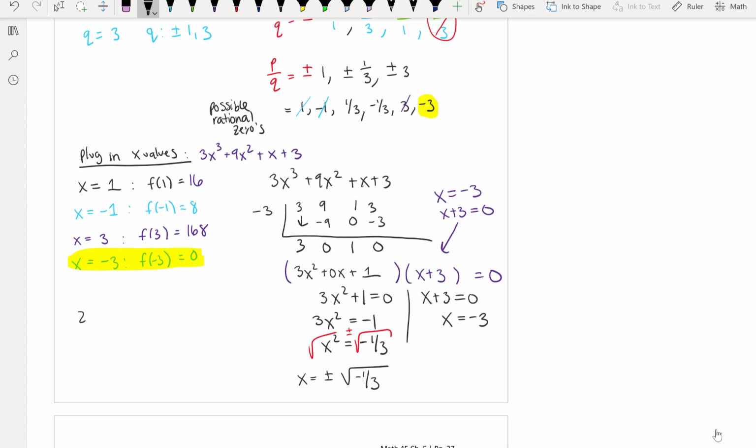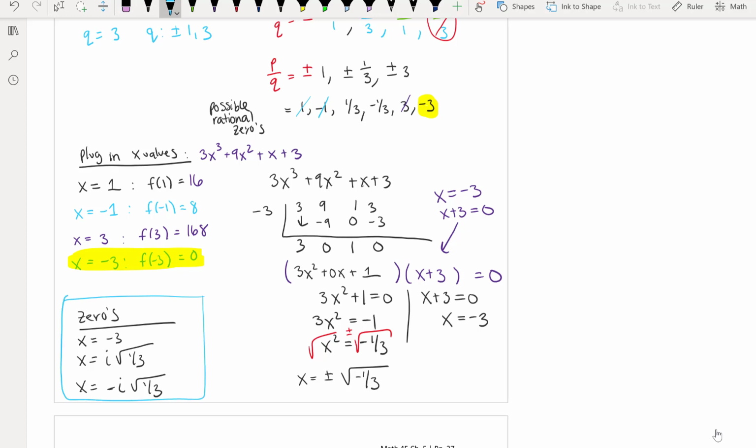So I have the following zeros. x is equal to negative 3. x is equal to i square root 1/3. And x is equal to a negative i square root 1/3. So here are the zeros that I need. Okay? And the reason that it became i is because it's negative on the inside.